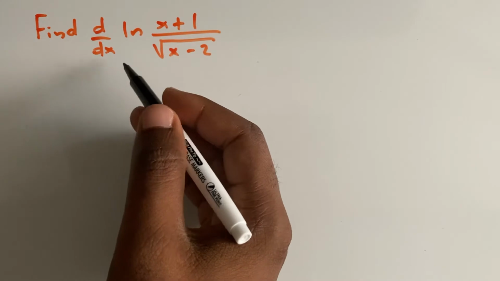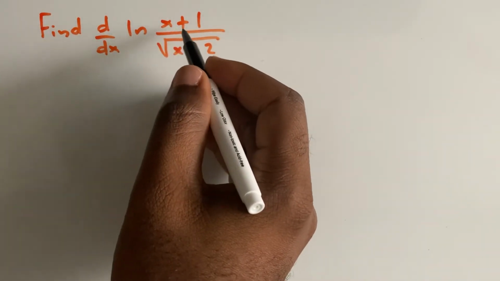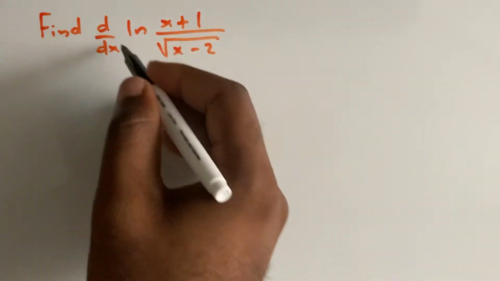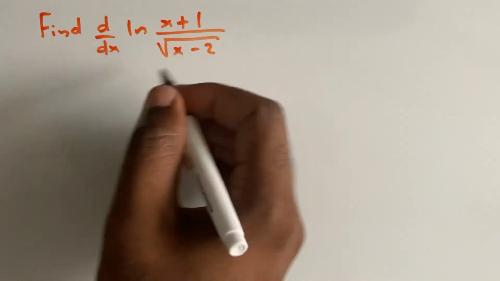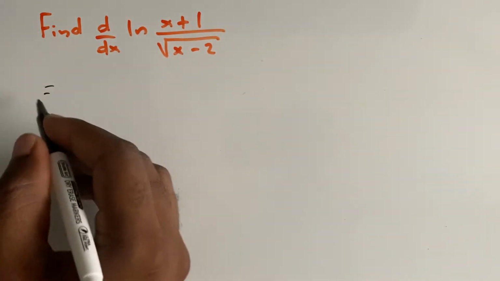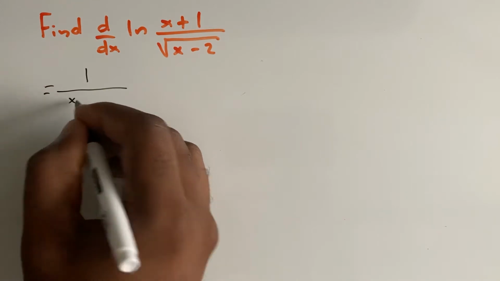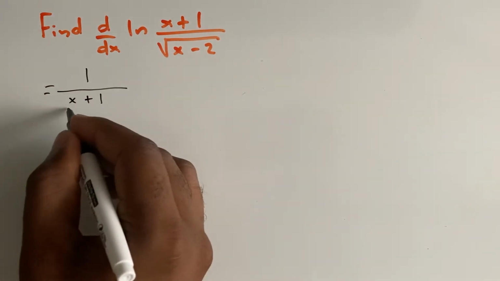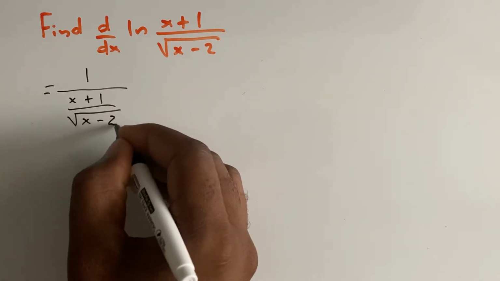So first, we're going to get the derivative of the whole thing, ln of (x plus 1 over square root of x minus 2). I can put an equal sign here, and I'm going to put 1 over (x plus 1 over square root of x minus 2).